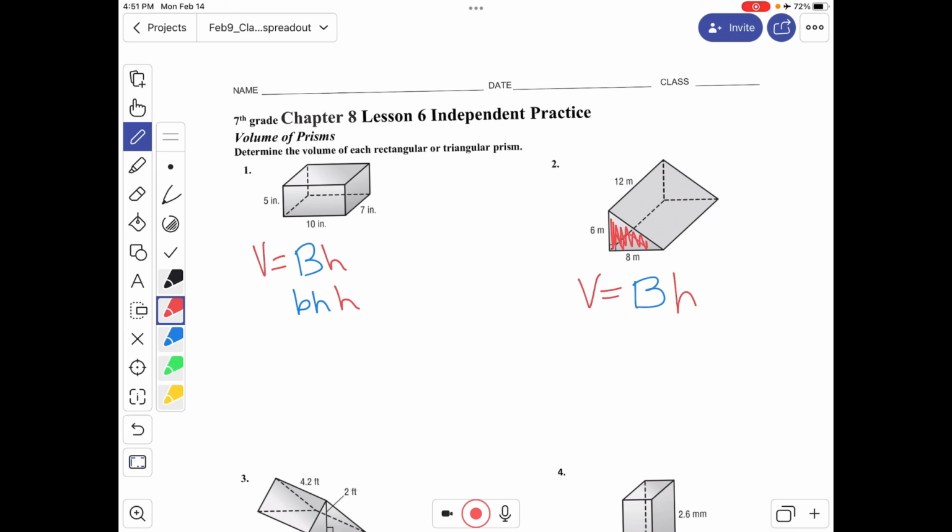And the base is always, on a triangular prism, a triangle. And the formula for a triangle is 1/2 base times height, times the height of the prism. The height of the prism is always going to be from one triangle to the other.